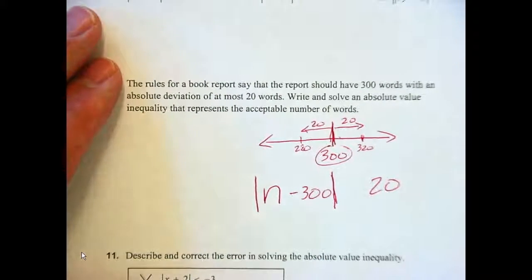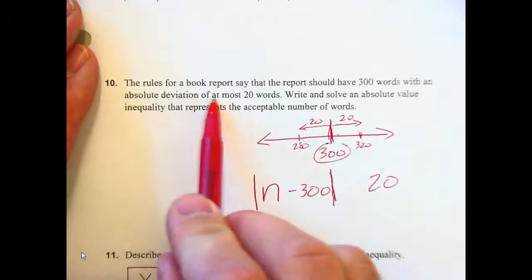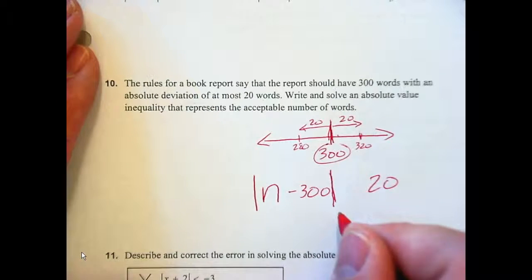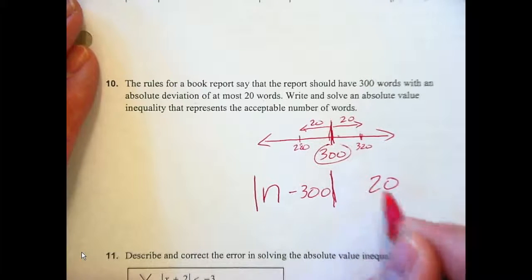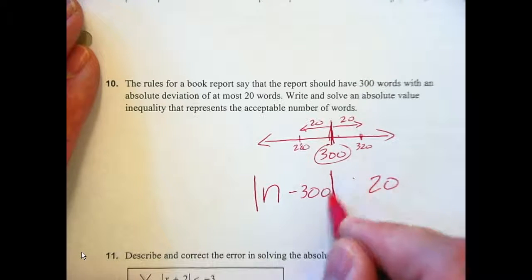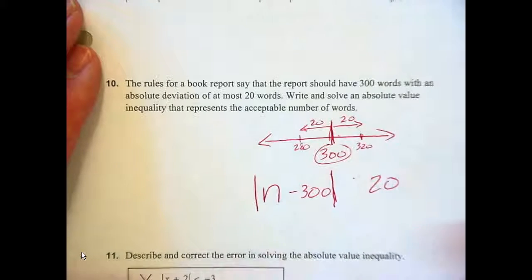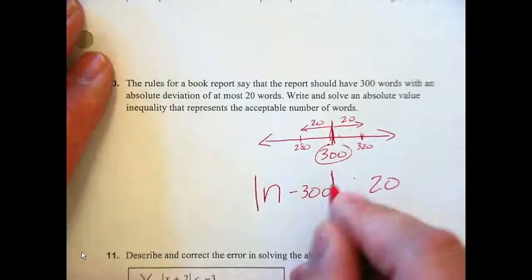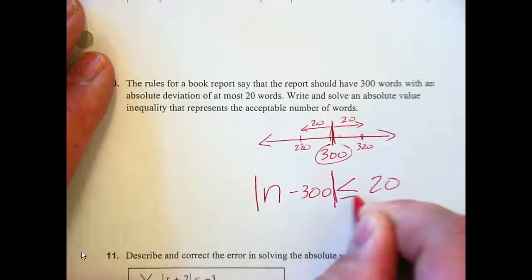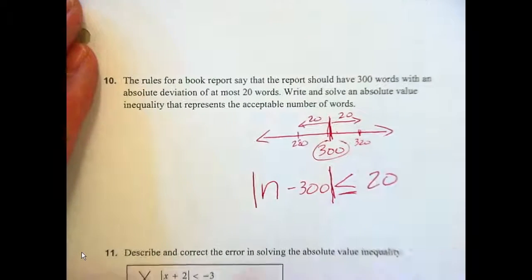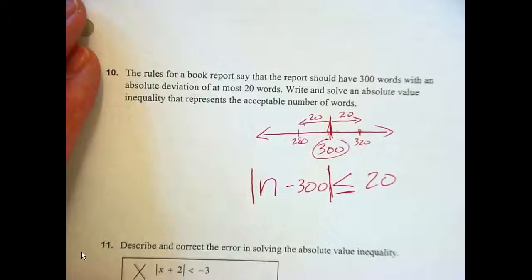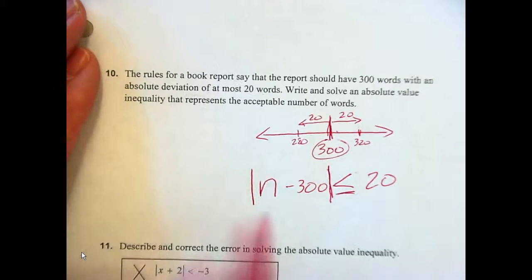That's how we write those. Now this one has at most 20 words. So at most 20 words, am I going greater than, less than, equal to? Isabel? Yeah, at most 20 is less than or equal to. It could be 20, but it can't be any more than 20. So it has to be less than or equal to.